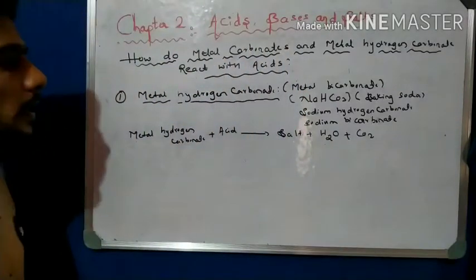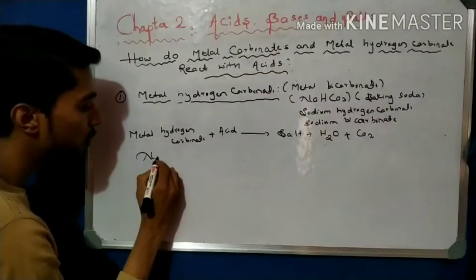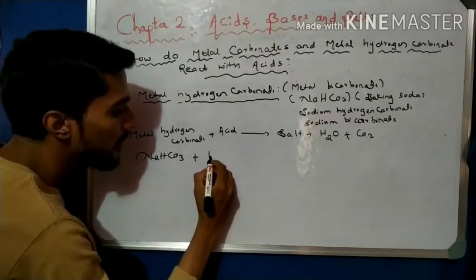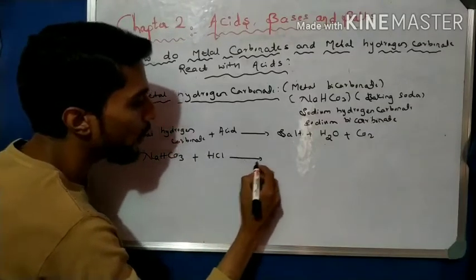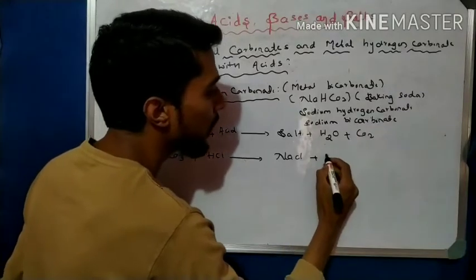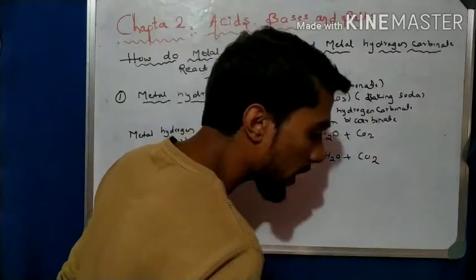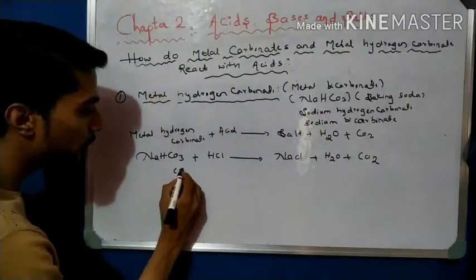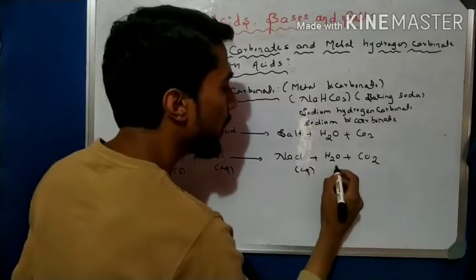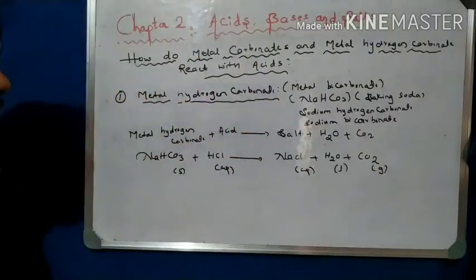Here I take the example of sodium hydrogen carbonate, NaHCO3, plus acid, HCl. So I get NaCl plus H2O plus carbon dioxide. The salt is aqueous, the water is liquid, and carbon dioxide is a gas. Carbon dioxide gas is liberated.